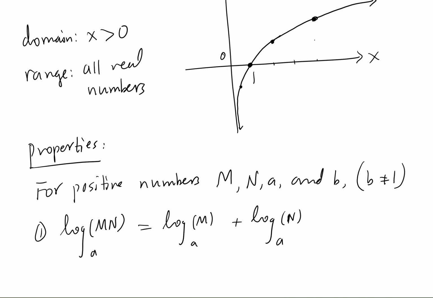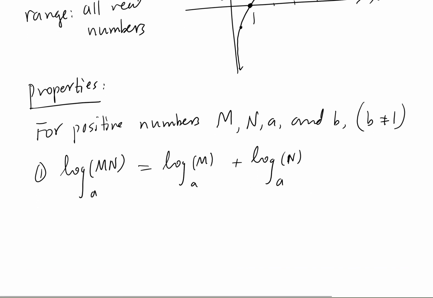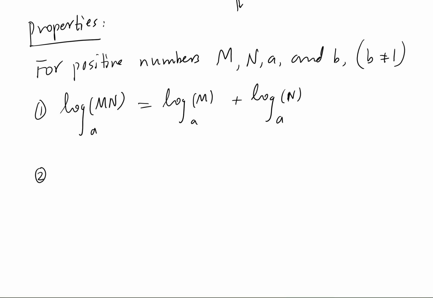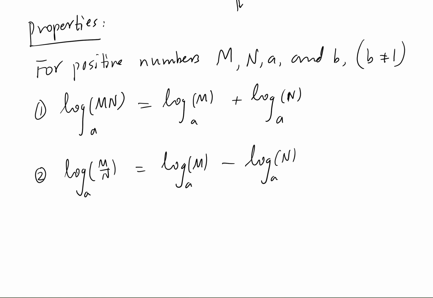So the product becomes addition. Next, log of m over n base a is log m base a minus log n base a.